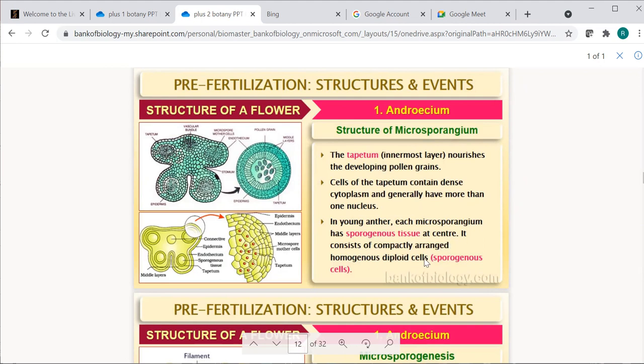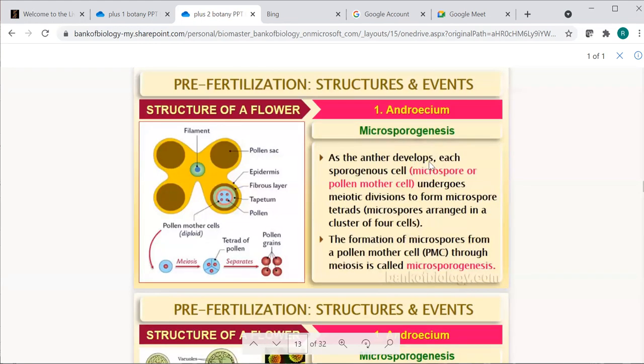It consists of compactly arranged homogeneous diploid cells, the sporogenous cells. There are microspore mother cells inside. What is inside the tapetum? Microspore mother cells. Tapetum is the innermost covering, and after that come the microspore mother cells. So many layers are there to protect them.